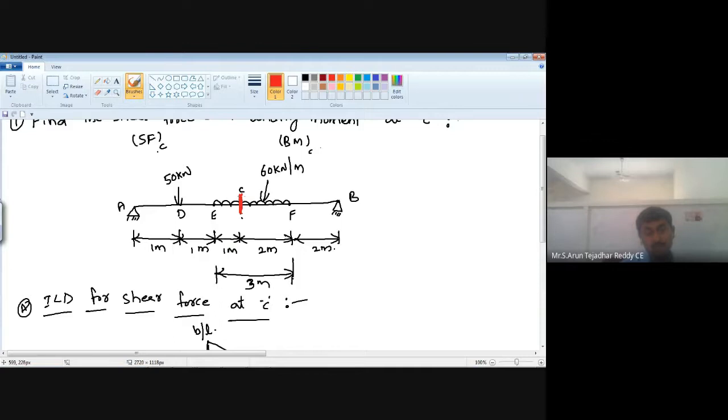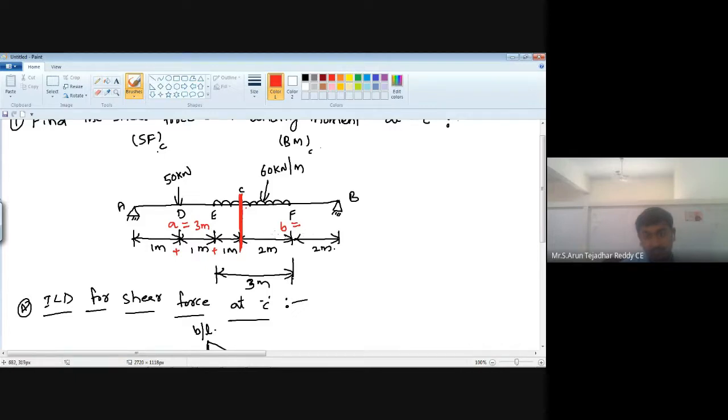So from C to the left side, the entire span is A. From C to the right side, the entire span is B. Now calculate the span. 1 meter plus 1 meter plus 1, here A is 3 meter.